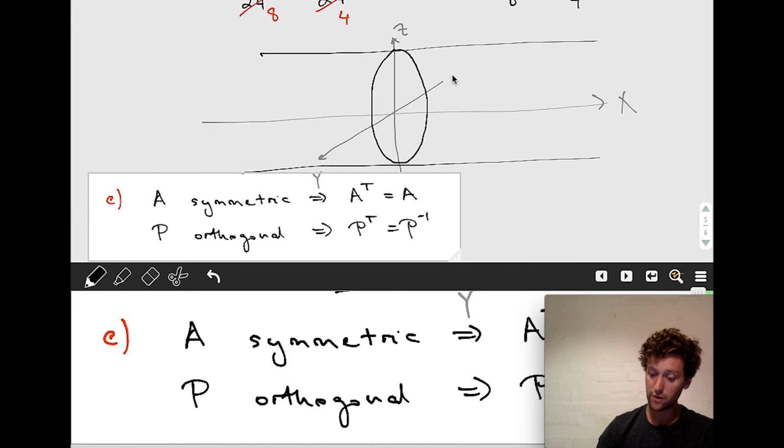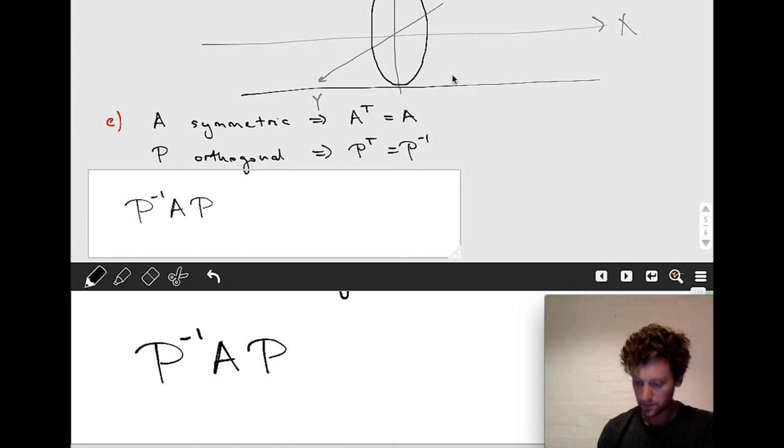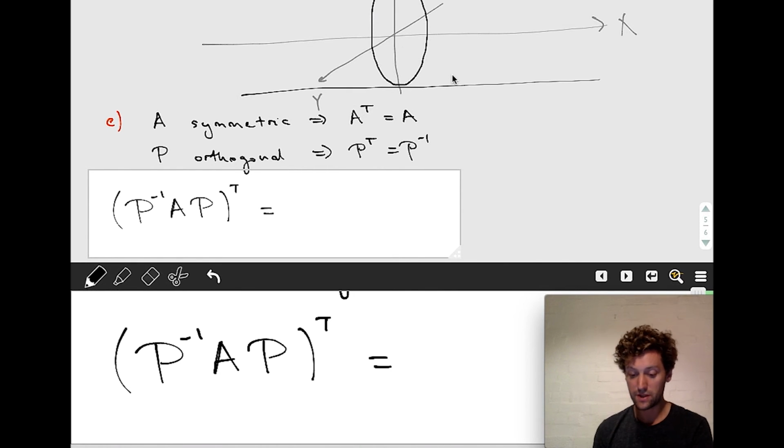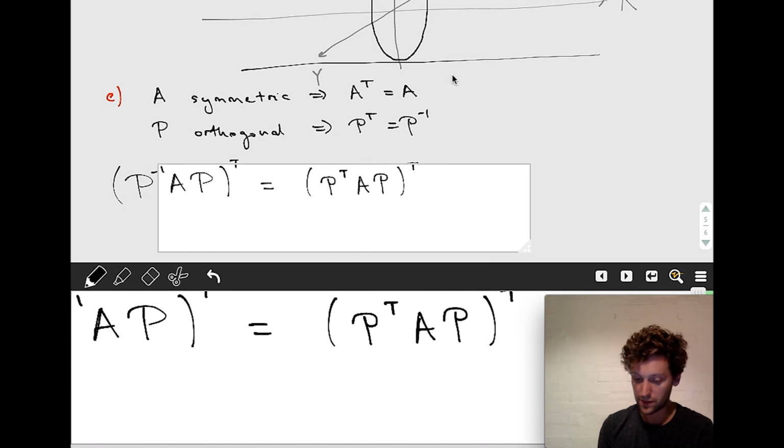So I want to prove that the transpose of that thing is itself. So P inverse A P is symmetric. So let's take the transpose of this and try and show that indeed it is the same thing. So first thing we notice is that I can replace P inverse with P transpose because P is orthogonal. Now I've got the transpose of the product of three matrices.